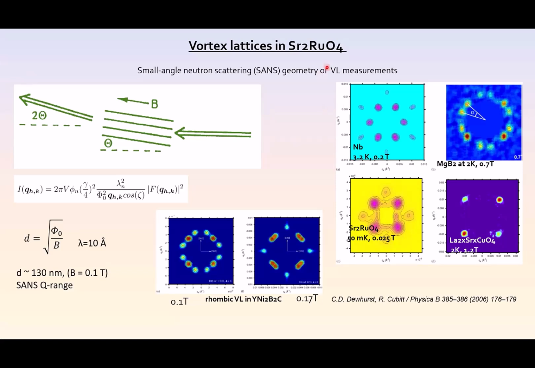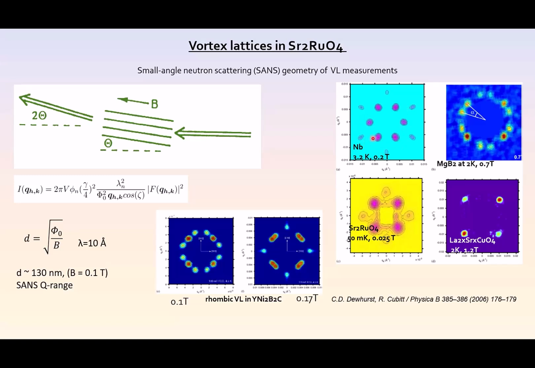And here are some examples. The simplest is niobium. It's very easy to measure, and this crystal we use for defining the orientation of the magnetic field. It has a threefold symmetry.